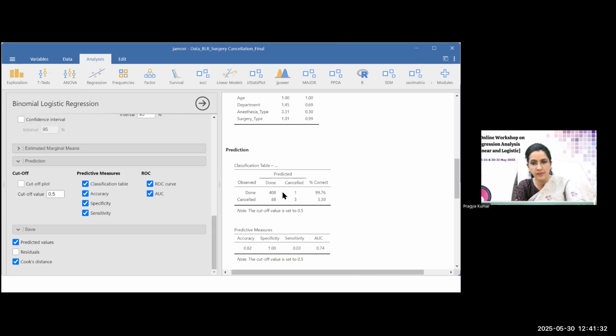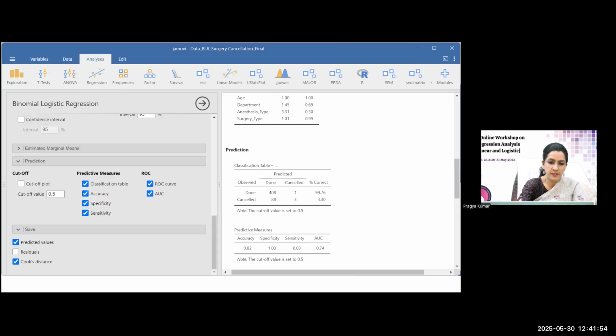So the AB is slightly different here, because true positive will be this. This is your true positive, done and done. And cancelled, uncancelled, these are these two. And these are the false positive and false negative.